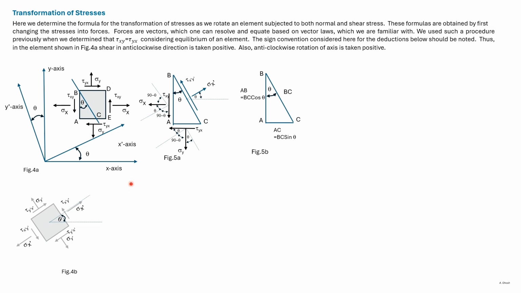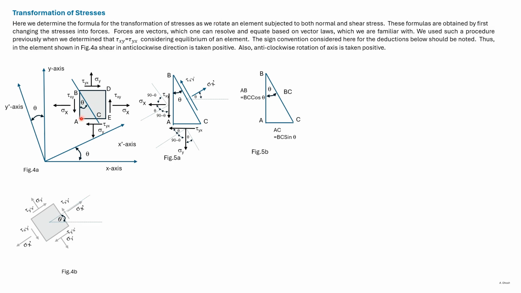This relationship was obtained by first converting stresses into forces. The rotation theta of the horizontal can also be considered vertically. BC is aligned with the right face of this element.